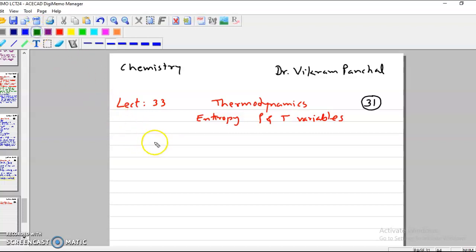So let P1 be the pressure in the initial state and P2 in the final state.